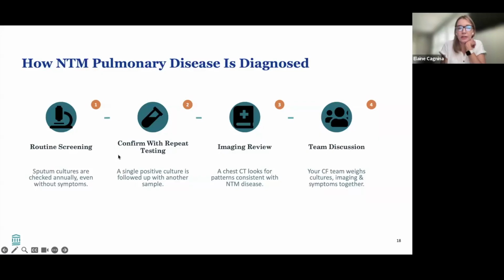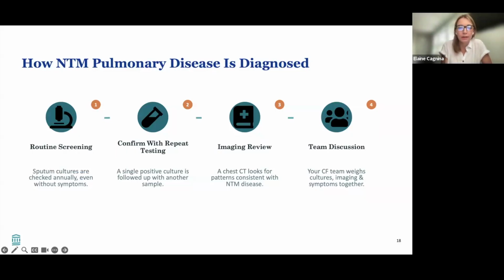So how do we diagnose NTM pulmonary disease? Again, we talked about this already. The first step is routine screening. Everybody should be screened annually, even if you're not having symptoms. And that relies on sputum cultures, which again is problematic in many people who don't make sputum. And then if you have a positive sputum, we'll confirm it with repeat testing.